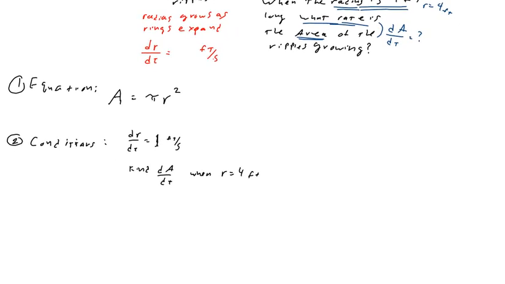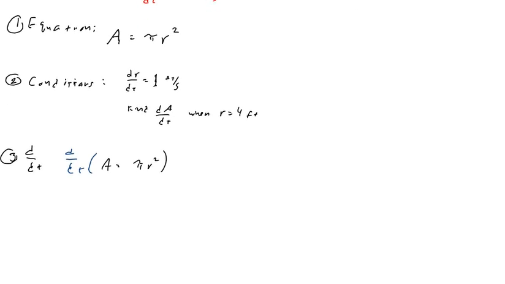Okay, so now that we've got all that gathered, we're going to do d/dt. Find our derivative. d/dt of my area formula, A equals pi r squared. So I'm going to get dA/dt, and then the derivative of pi r squared.